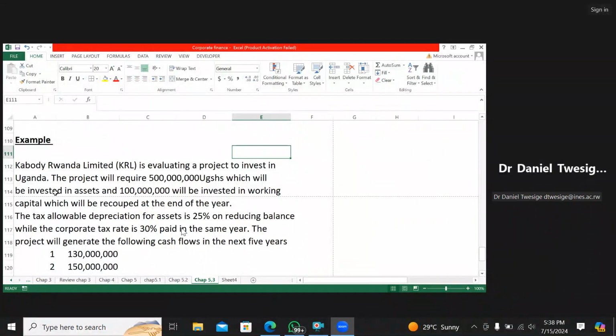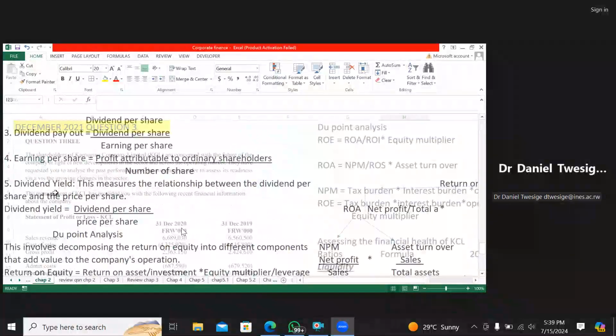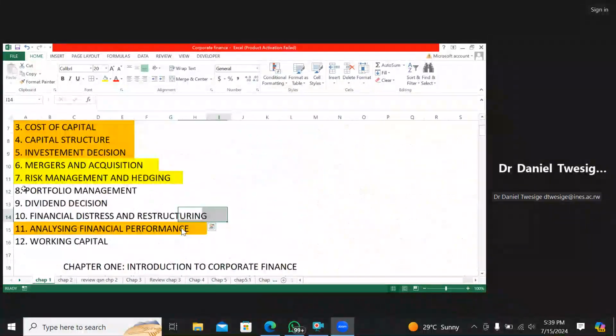We can cover portfolio, or we can cover dividend and financial distress. Any of these two. Maybe we can look at dividend and financial distress. Then when we meet again on Wednesday, we cover portfolio.